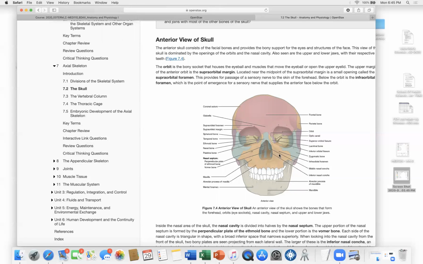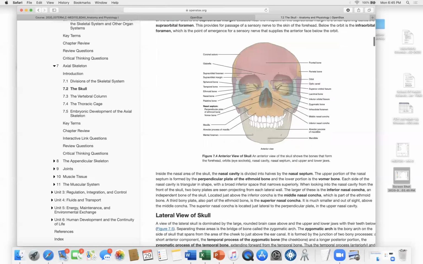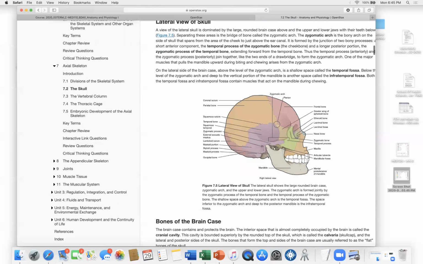Your maxilla, mandible here, right? Your zygomatic bone, frontal, right? Let's give you sides. That has your ethmoid and all this other.